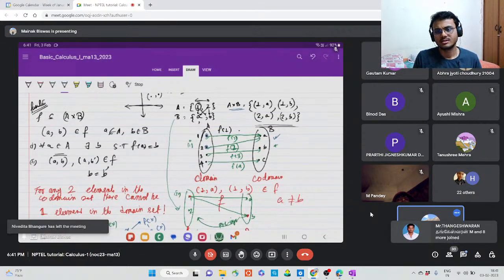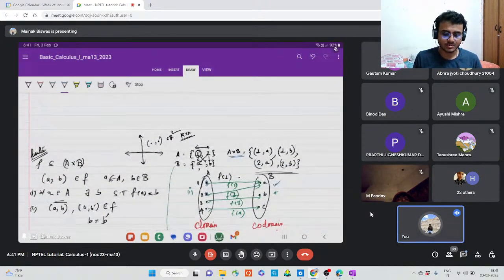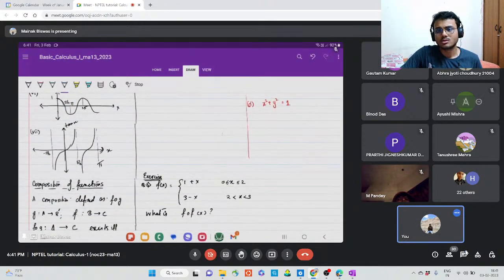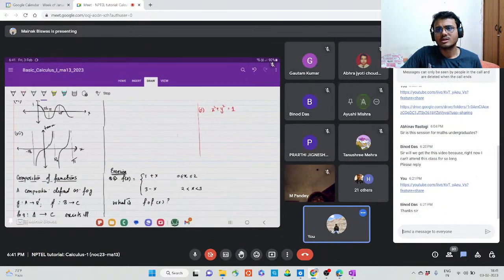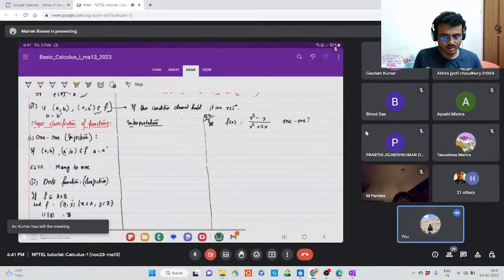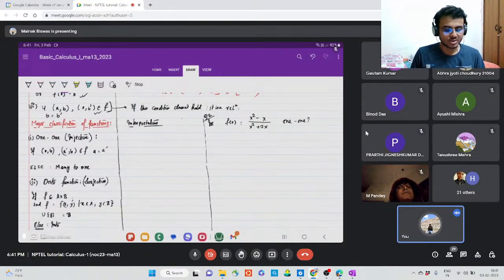That's it. So now we'll be defining a couple of things before we go and solve questions. A few more things would be this one. What is a 1-1 function?